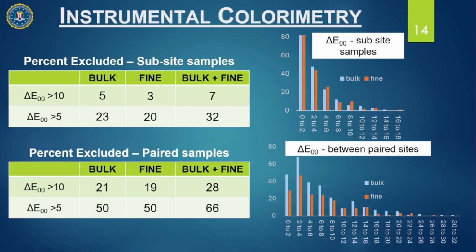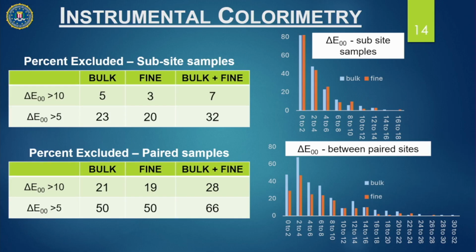So if we look at all of the sites, the subsites in these samples we looked at, we can look at the within-site variability of the range of colors, and we're trying to see: can we exclude or not. If you use the threshold of 10 in our delta E value here, we can see that when we look at just the bulk of the soil, we can only differentiate or exclude 5%.